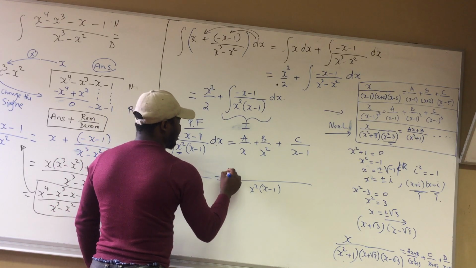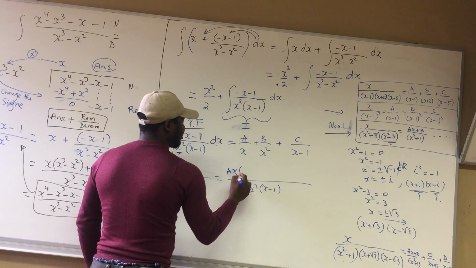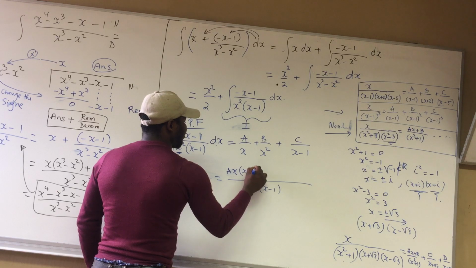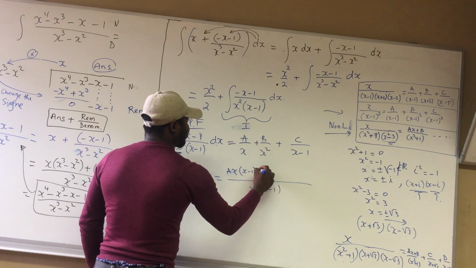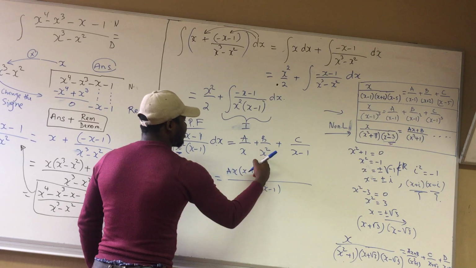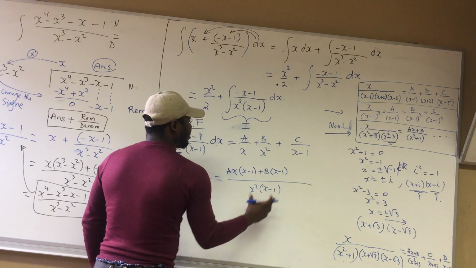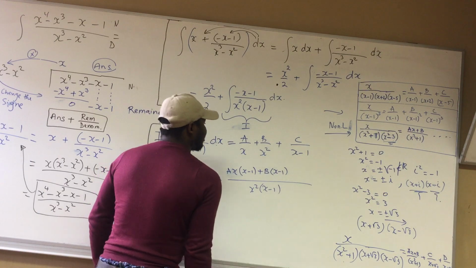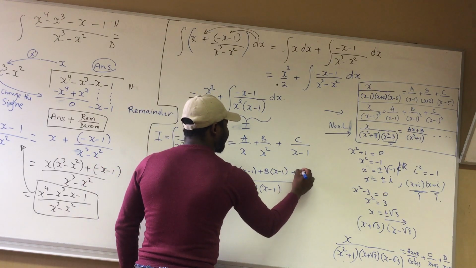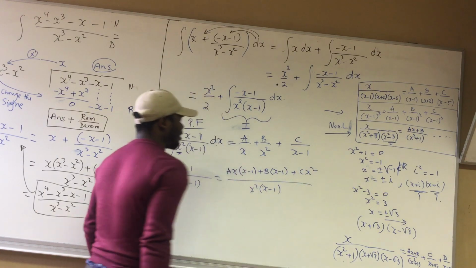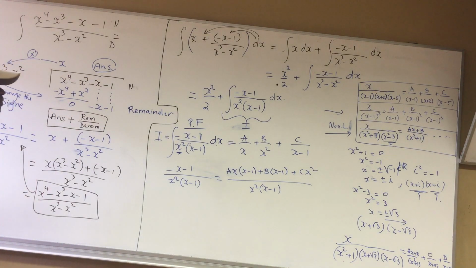I'll end up having ax, x minus 1, plus this divided by this is going to give you only this, going to give b, x minus 1. This divided by this, it will give you x squared, so you will have cx squared like this. Alright?